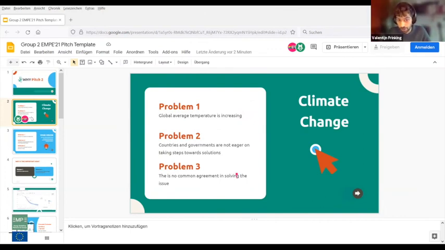The other problem is that countries and governments are not eager on taking steps towards solutions. And another problem is also that there's no common agreement in solving the issue. But unfortunately, well, not unfortunately, we have some solutions to these problems.